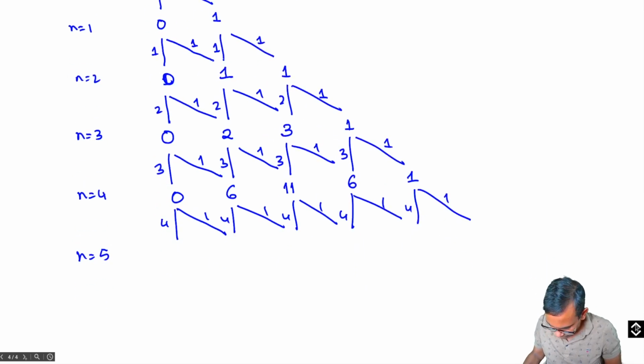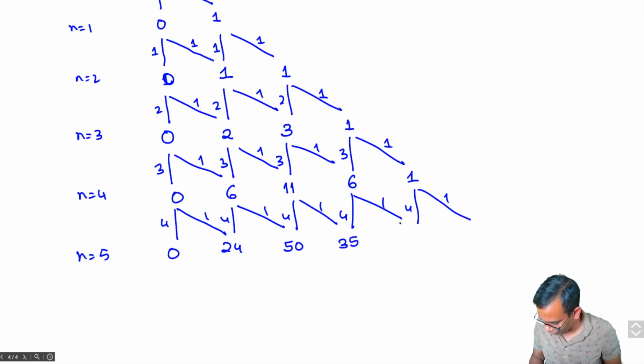And so you can actually compute these things pretty fast. 6 fours are 24, 44 plus 6 is 50, 11 plus 24 is 35, 4 plus 6 is 10, 1.